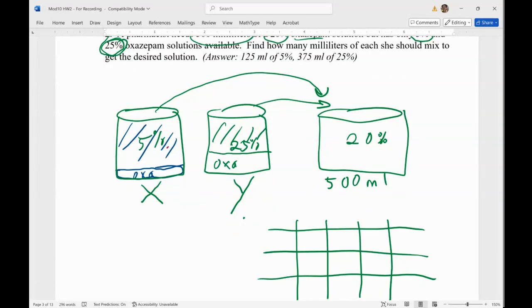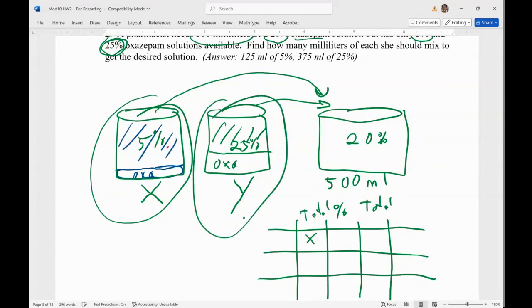Now, if you remember the thing I told you about the marbles, we had total, we had percent, and then we had total blue. Well, this is the same idea. The total amount that we're going to use of this one is going to be x.